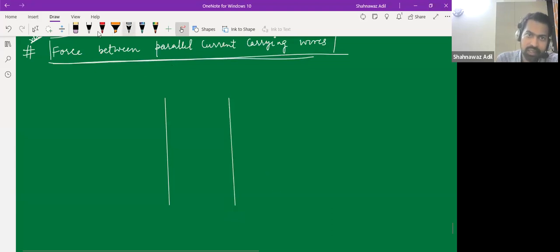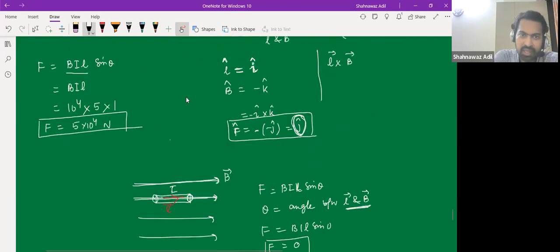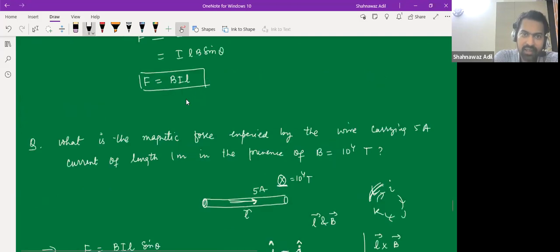And these are in the same direction of current. There are no external fields, right? In this case, we had the external field.